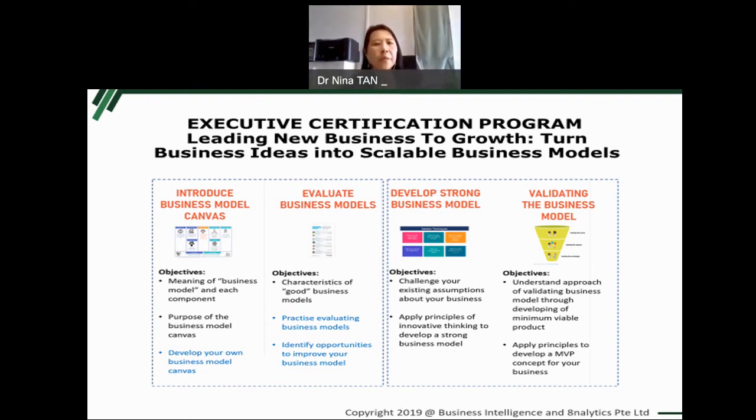We now have a program. We help you to rethink and innovate your current business model so that you have better possibility and insights in order to give yourself more opportunities.